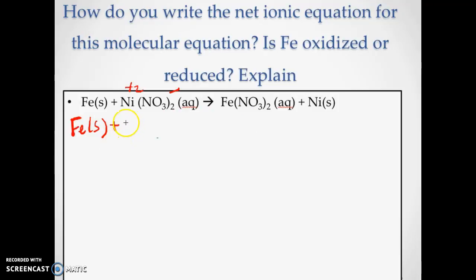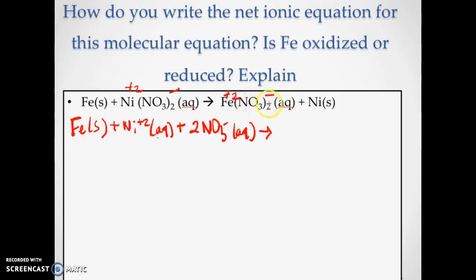So now we separate this. It's going to be nickel +2 aqueous plus this guy right here, which is 2 NO3 negative aqueous, because there's 2 of them, 2 sets we put in the front. This guy's also separated. This is -1, 2, crisscross backwards.